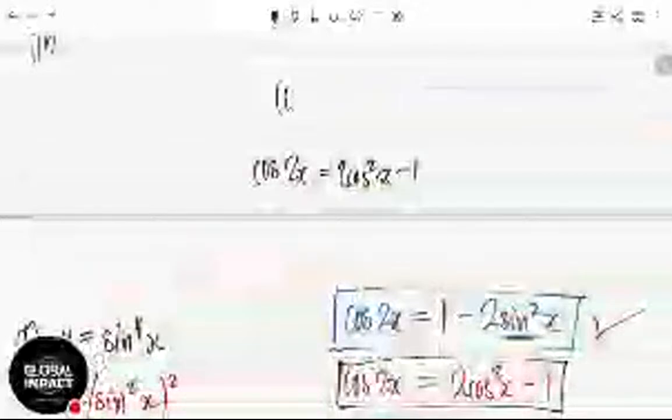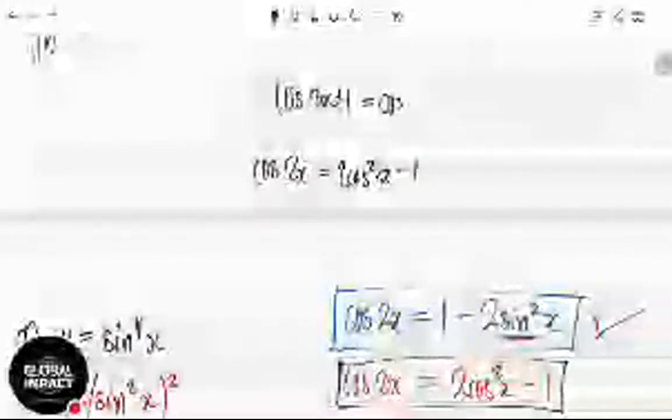You now take it: cos 2x plus 1 is equal to 2 cos squared x. Then we're going to take half. But when you say half, double that angle.